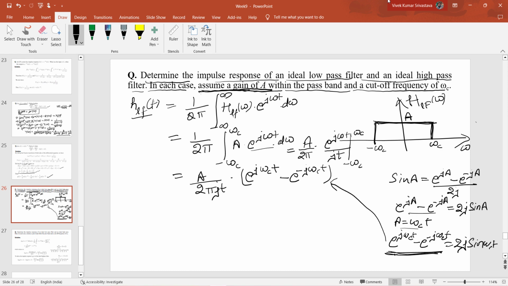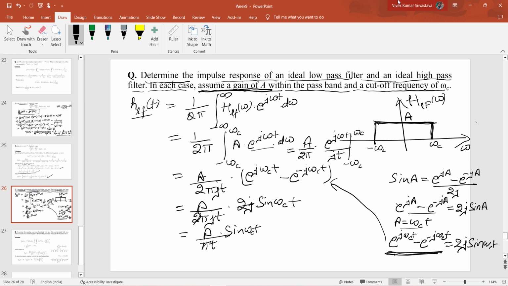Once you substitute, you will get A over 2 pi jt into 2j sine of omega c t. So the 2j and 2j cancel from numerator and denominator, and the response that you will get will be A over pi t into sine of omega c t.